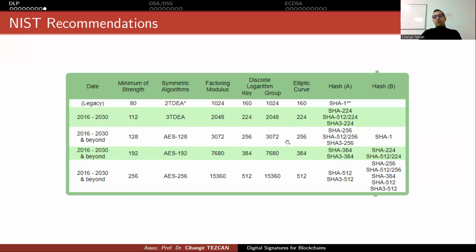This is the whole reason, because here you have a sub-exponential time algorithm to solve this problem. Here you don't have any sub-exponential time algorithm, but you have Pollard's rho algorithm, which has the square root on top of it. This is why, due to that square root, this number is multiplied by 2. Okay, as you can see, if you want this much security, we multiply it by 2 again, due to Pollard's rho algorithm, and that's it.